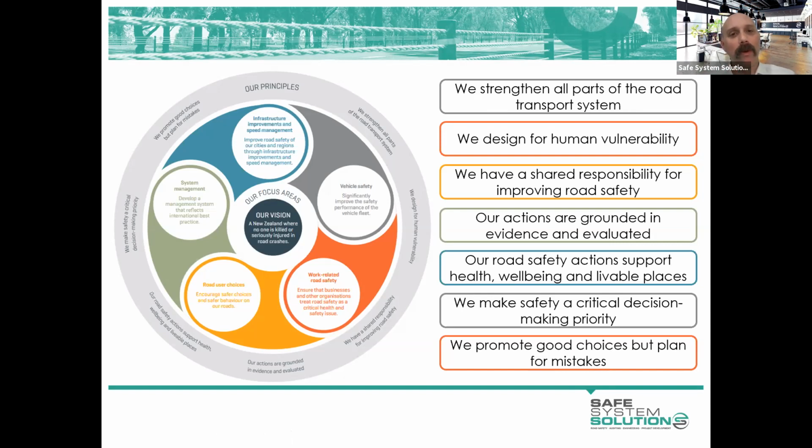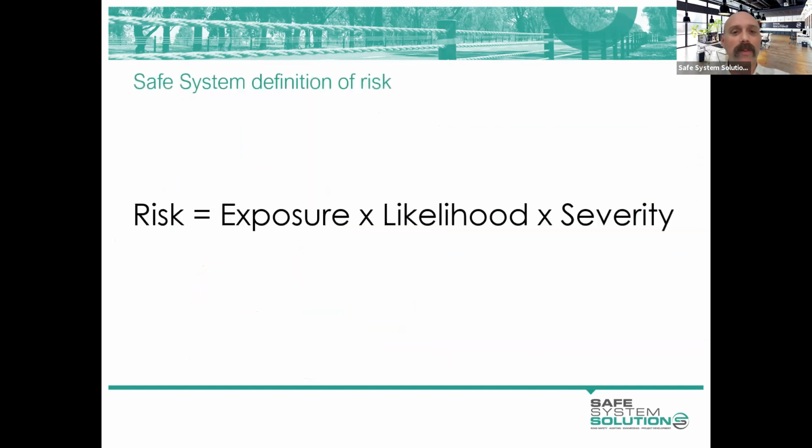But we need to plan for when that slips through and we do have an incident, and we need to manage the energy. So we're into the severity aspects, and the safe system assessment framework, even though it's a fairly simple way to look at things, is quite brilliant in the fact that it forces us to really focus on the severity of crashes as well, and that's a really good thing.